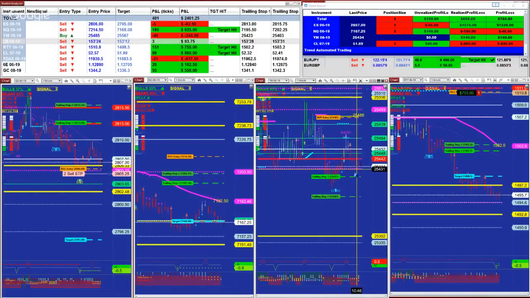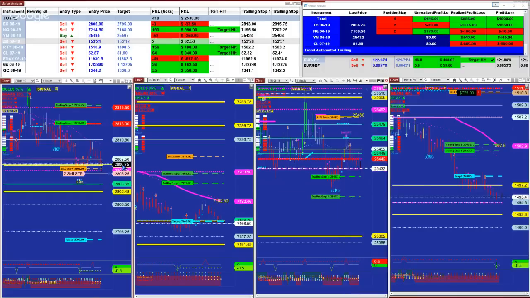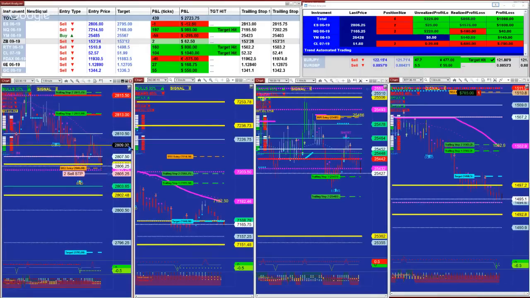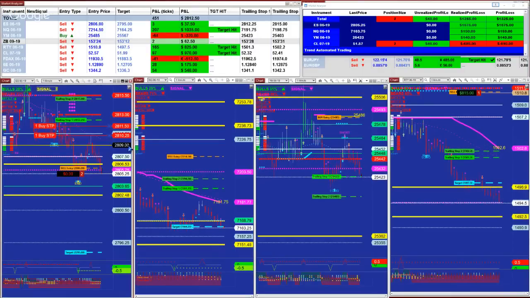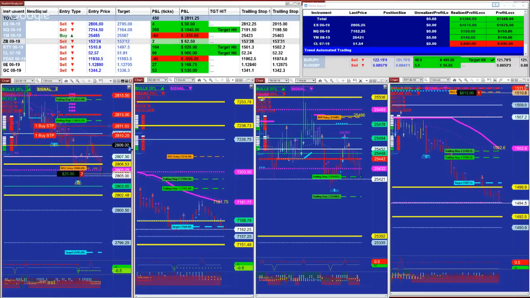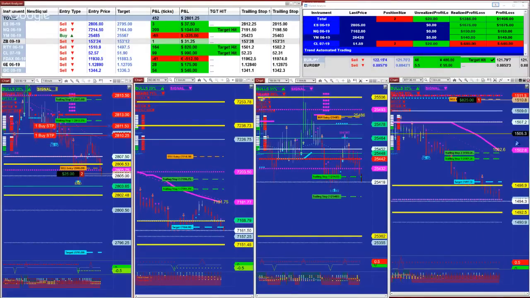We need to see that YM breaking so the ES also starts going below the 2805.25. And we're about to have it. There we go, we got filled on that one. And we need to see the YM pushing down. There we go.